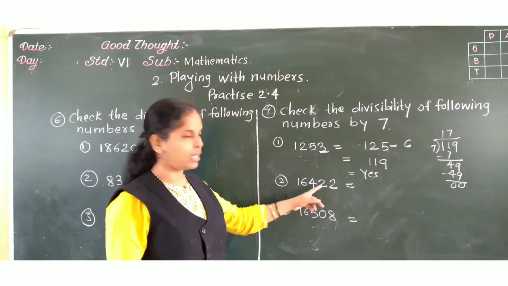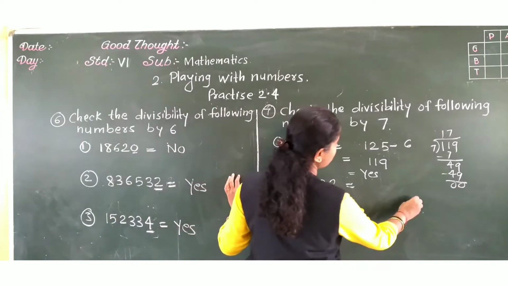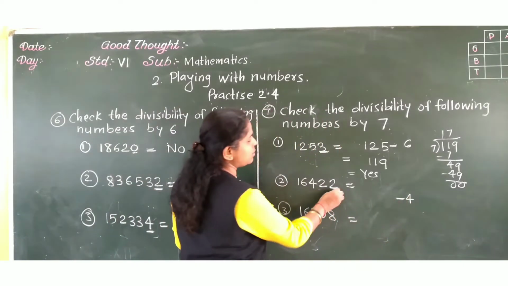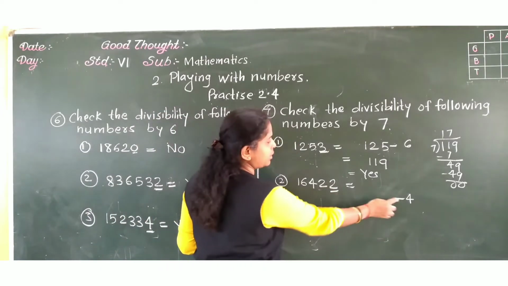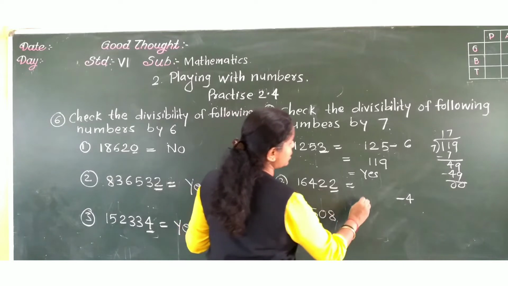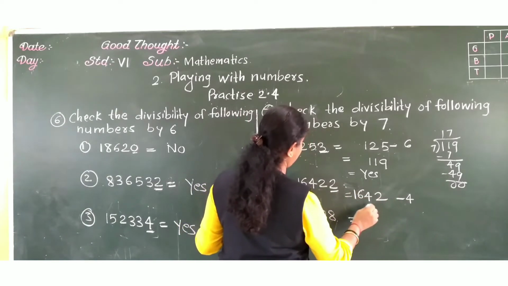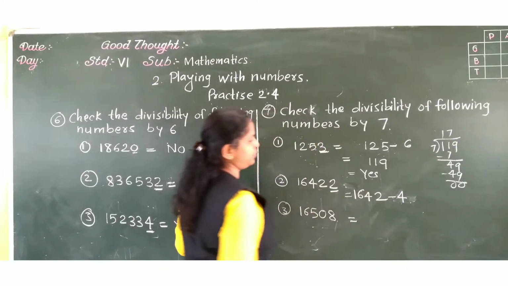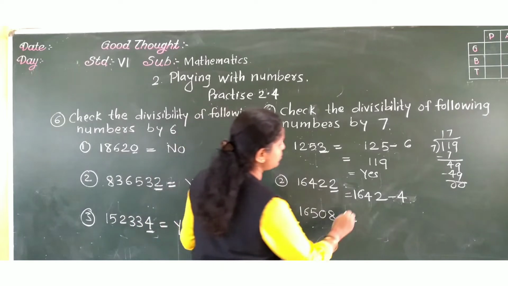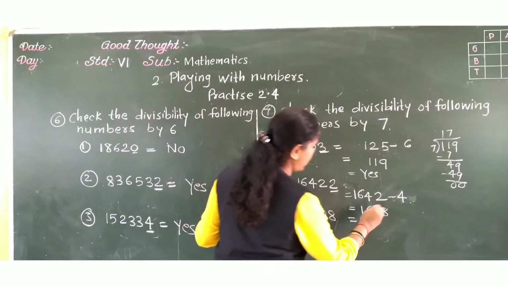Similarly, next, see here, 2 2s are 4. So I double this digit, and we have to subtract 4 from this. 1642 minus 4. What will be the answer? Yes, 1638.